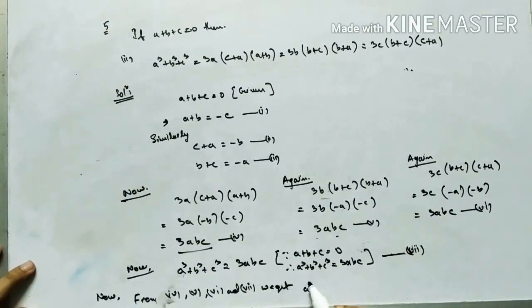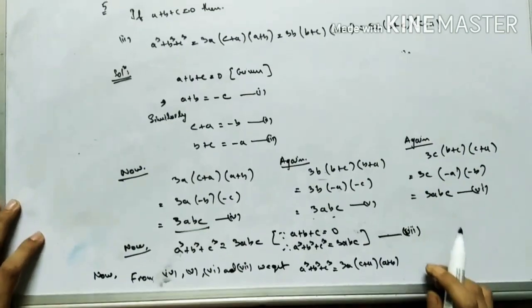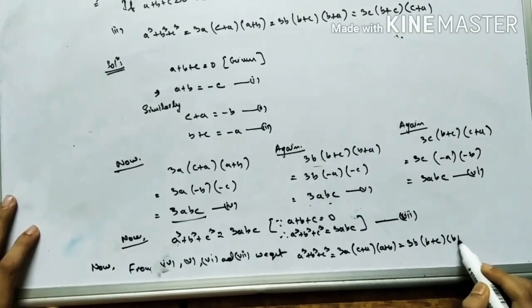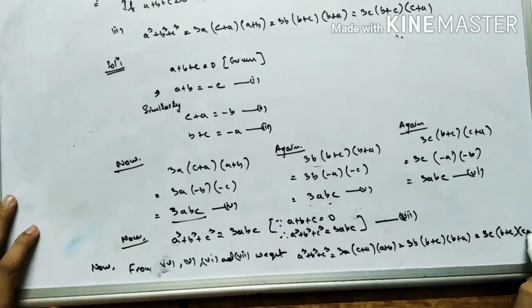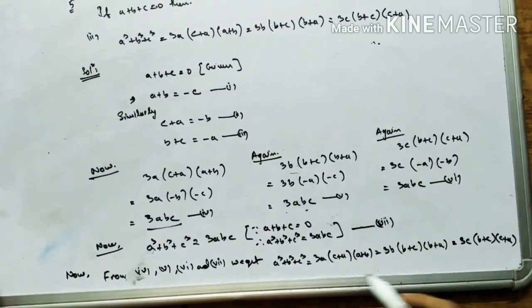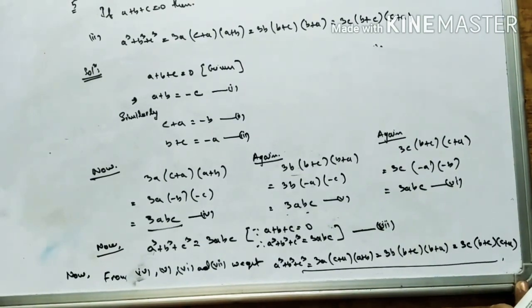So therefore I can write that A cube plus B cube plus C cube is equals to 3AC into A plus B is equals to 3AB into B plus C into B plus A is equals to 3C into B plus C into C plus A, and this is our proved. I hope you have understood, I hope it is clear to you.